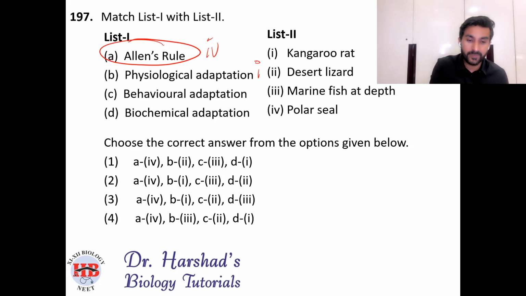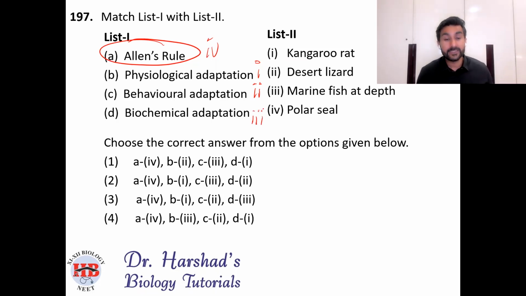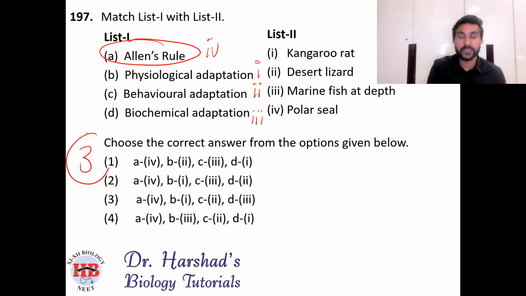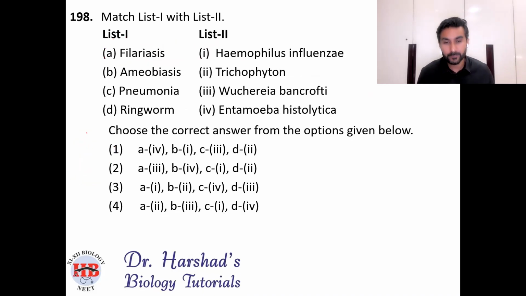Behavioral adaptation, they have given you example of desert lizard showing basking and other properties, so C would be 2. Under biochemical adaptation, they have talked about special enzymes found in marine fish which help them to survive in greater depth, so D would be 3. So A4, B1, C2 and D3, that is option number 3 which matches in this question.